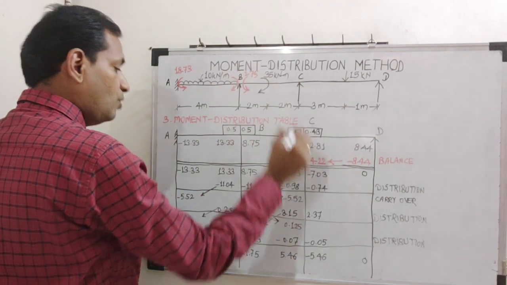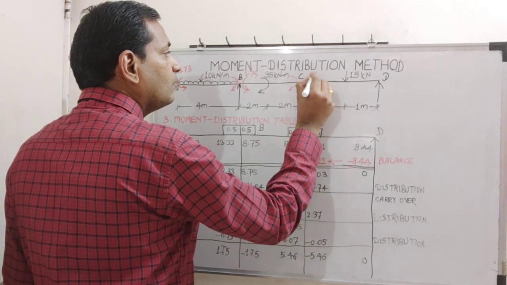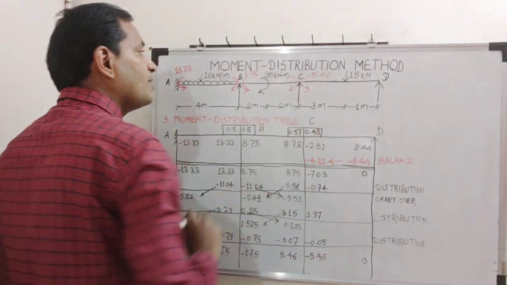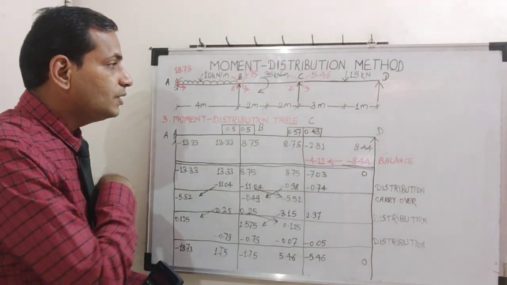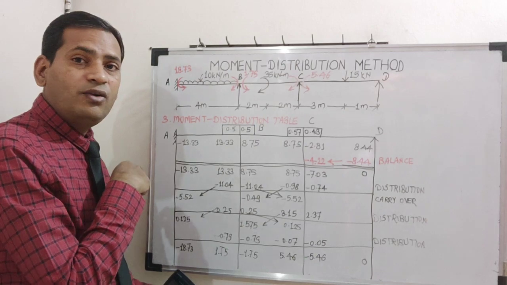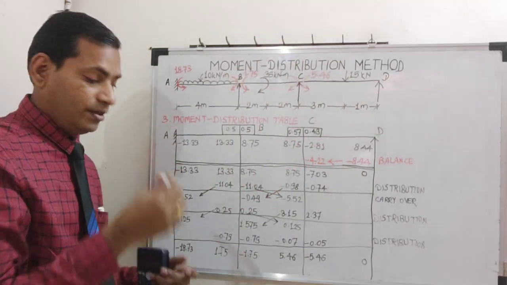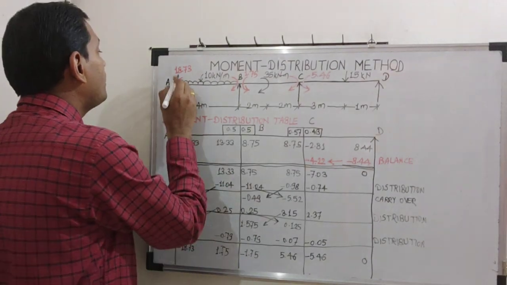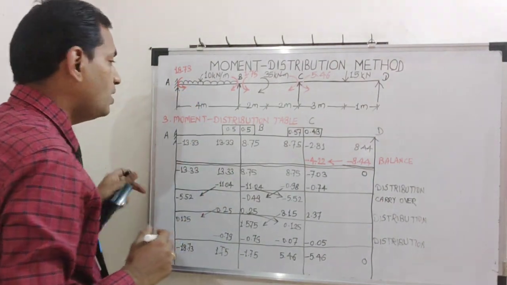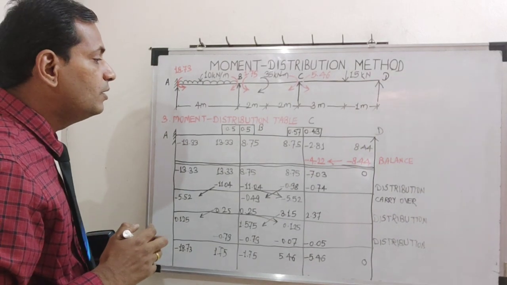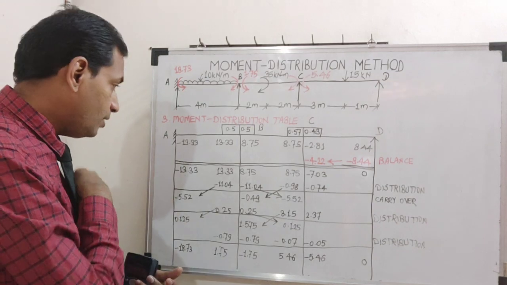On joint C, 5.46. So these are my final moments on the joints. Now we will find out these reactions one by one, then we will draw SFD, then we will locate points of zero shear force, and then we will go for BMD. So let us do it.